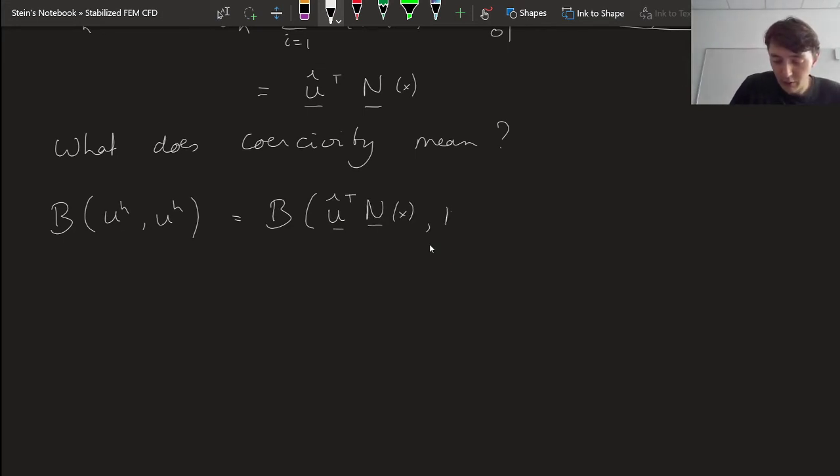And for this one, I'll actually do it the other way around. That's going to be the exact same thing. I hope you see that. These u hats are just vectors with values. They are independent of x, which means that I can pull these out, which only leaves the vectors N(x), which is just a sum over different basis functions from i equal to 1 to the number of degrees of freedom. And that's how we end up with this statement.